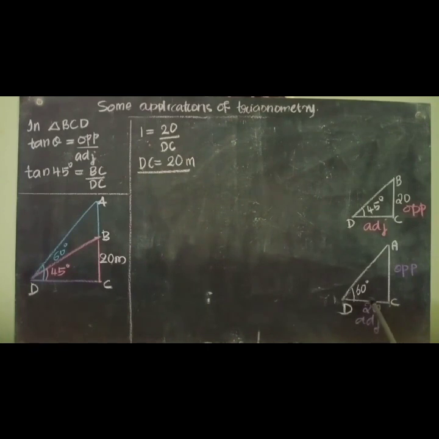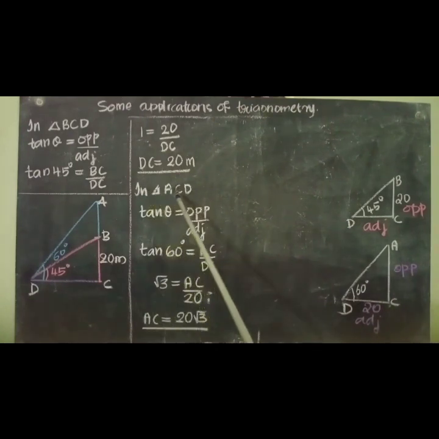Now consider the second right triangle with the acute angle D with measurement 60 degree. For this acute angle D, AC is the opposite side and DC is the adjacent side. Now we proved DC equal to 20. So we know the adjacent side. We can find out opposite side. So let us take the ratio.